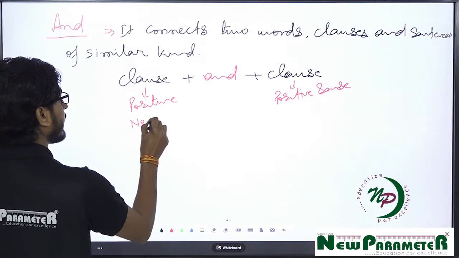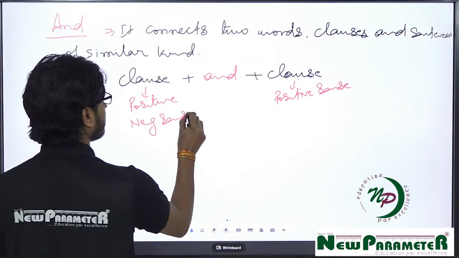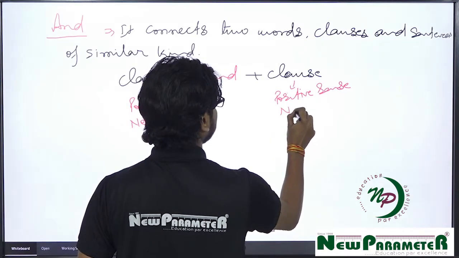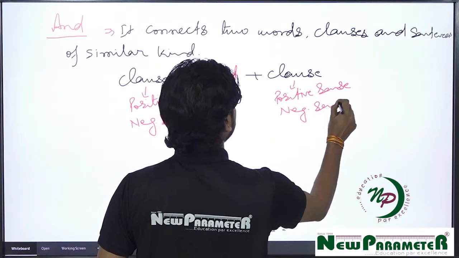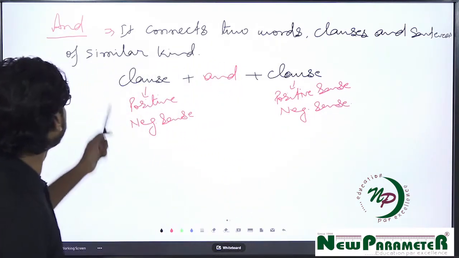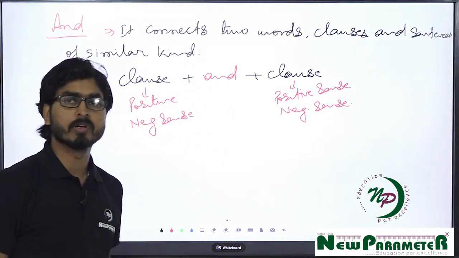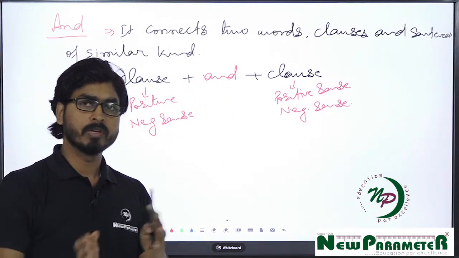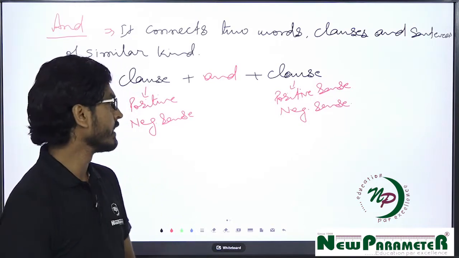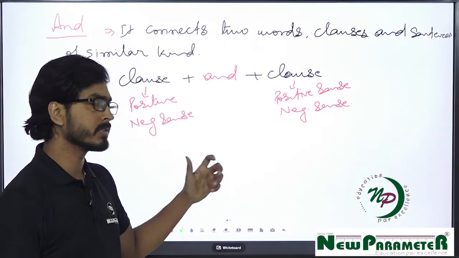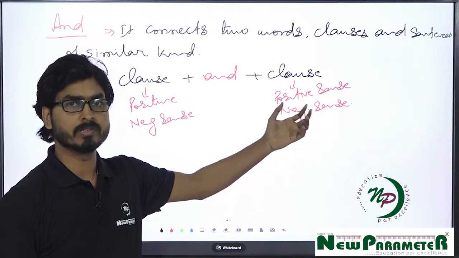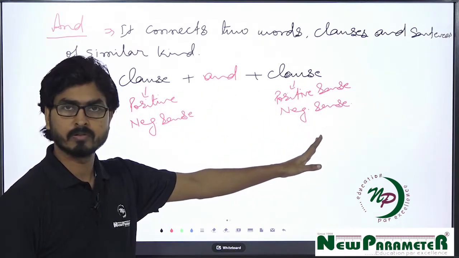If it gives you a negative sense, the other also gives you a negative sense. That's why I have written here of similar kind. It means and connects two clauses of the same type of sense. If one clause gives a positive sense, another must give a positive sense. If it is negative, the other is also negative.